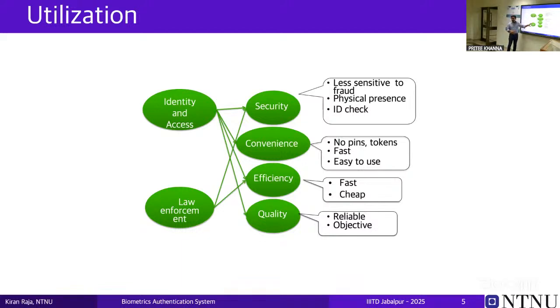Identity access. If you are talking about identity access, you want to achieve high security, high convenience, and good efficiency. But when it comes to non-ethical use, you really don't care so much. So you focus on different things. You focus on the security, and then you focus on the efficiency.